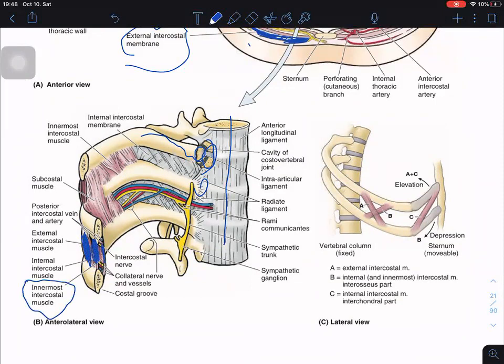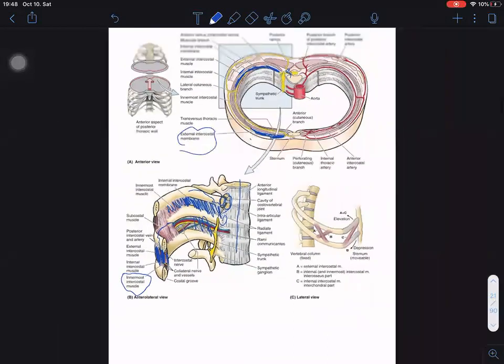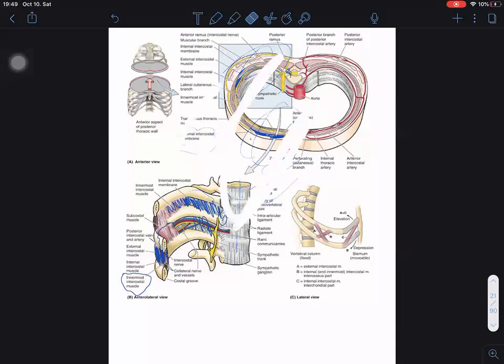Following the whole thing more posteriorly, you can see that instead of the internal intercostal muscle, there is a membrane, the internal intercostal membrane. So right opposite to the external: external is anterior, internal is posterior.